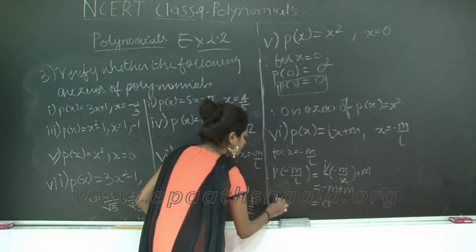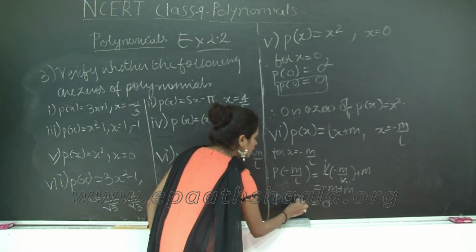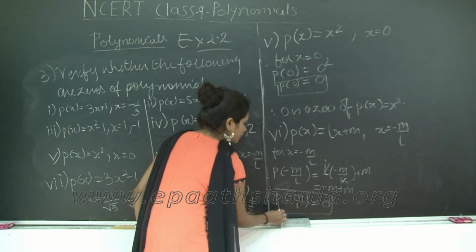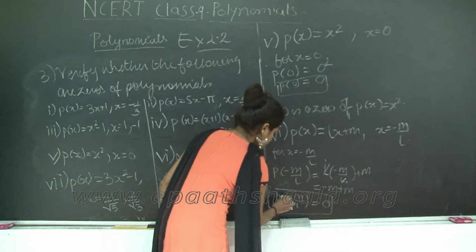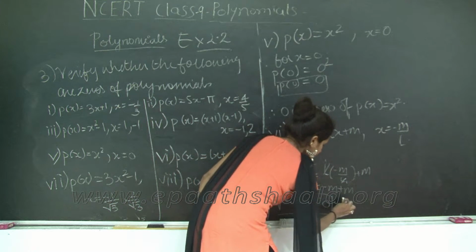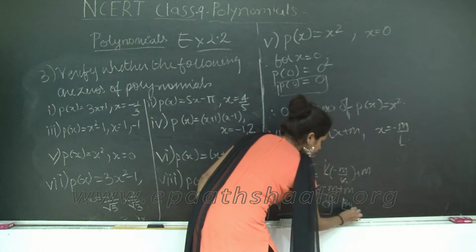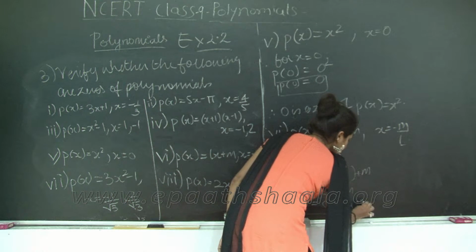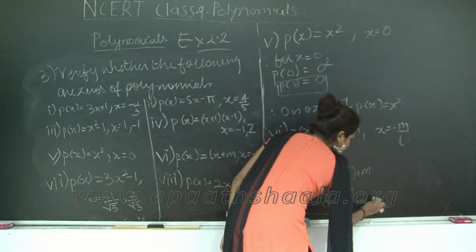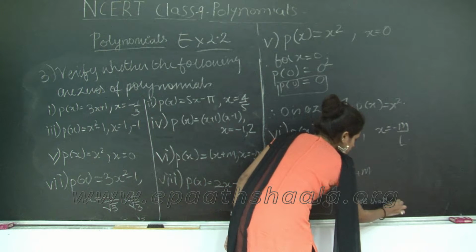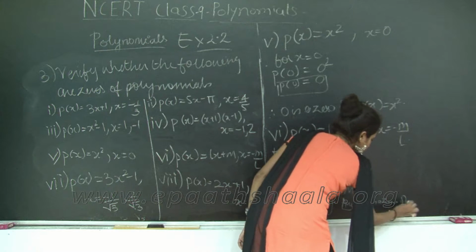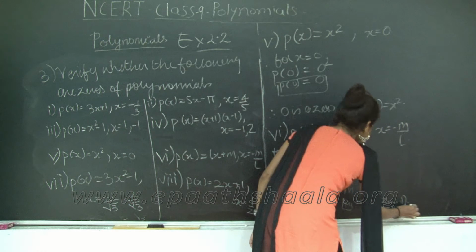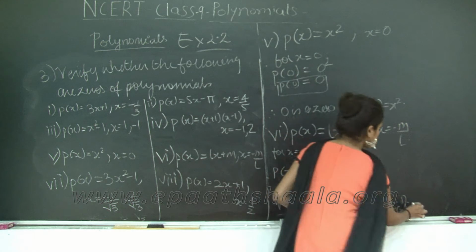So P of minus m upon L is equal to 0, correct? Therefore your answer: minus m upon L is a zero of polynomial P(x) is equal to Lx plus m.